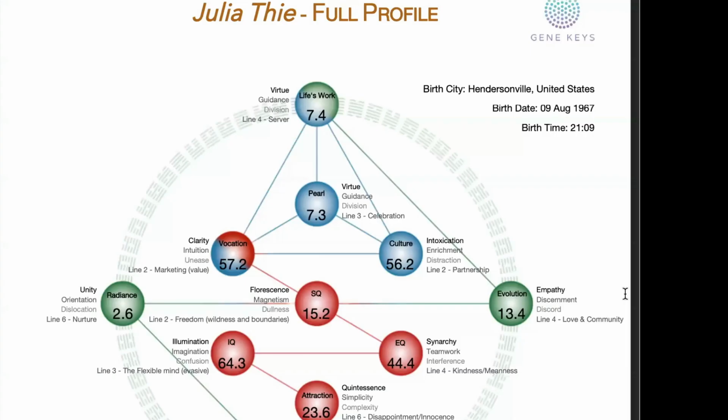How do I then approach that with contemplation? So let me show you this. You might have already downloaded it. If you haven't yet, you can get this on the Gene Keys website. It's free. You just type in your birth data and this is what arises.